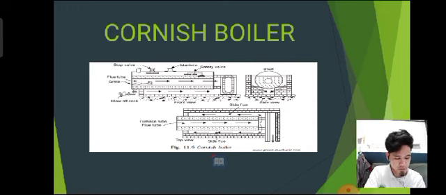It is smaller in size, with a lower steam generation rate and pressure of approximately 12 bar. The Lancashire boiler has a pressure of approximately 17.5 bar. But both boilers are fire tube boilers and both are low pressure boilers.